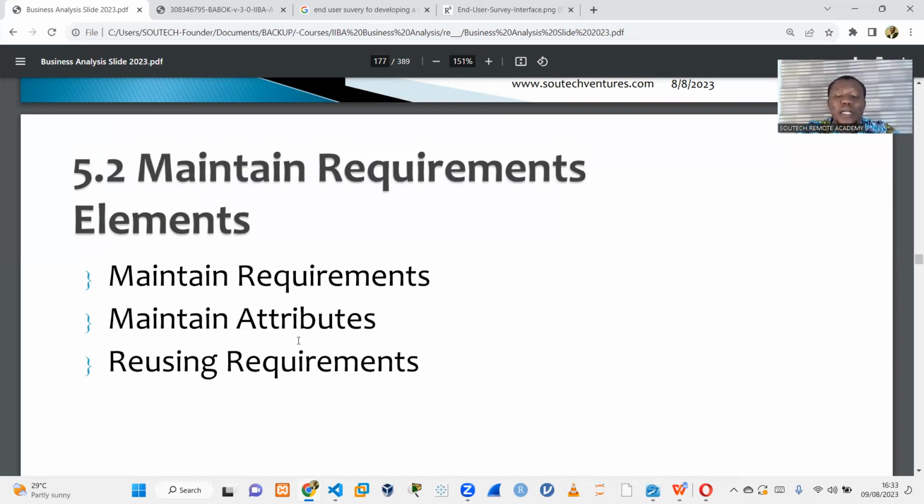And of course, attributes are going to be like the fine details of the requirement. I need a website that will fetch me $1 million every month. That is a big requirement. Now, sub-requirements are like, in project management, we call it work breakdown structure. So it's going to be what type of website.